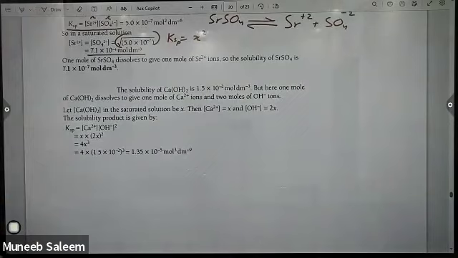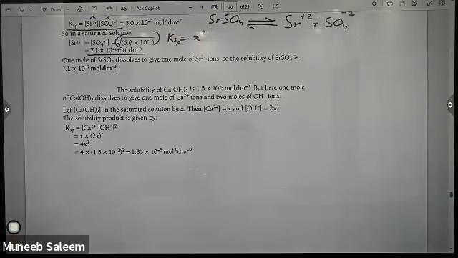There's another example. The solubility of calcium hydroxide is 1.5 into 10 to the minus 2 mole per dm cube, but here 1 mole of calcium hydroxide dissolves to give 1 mole of calcium ions and 2 moles of hydroxide ions.